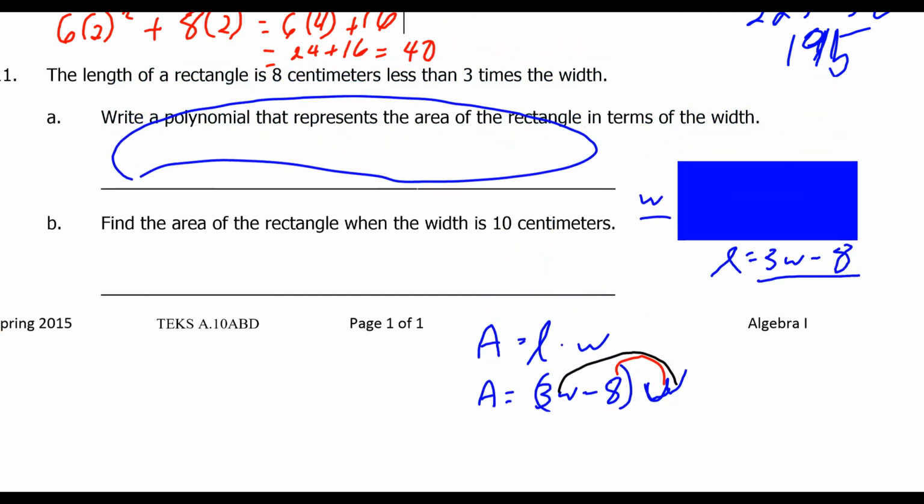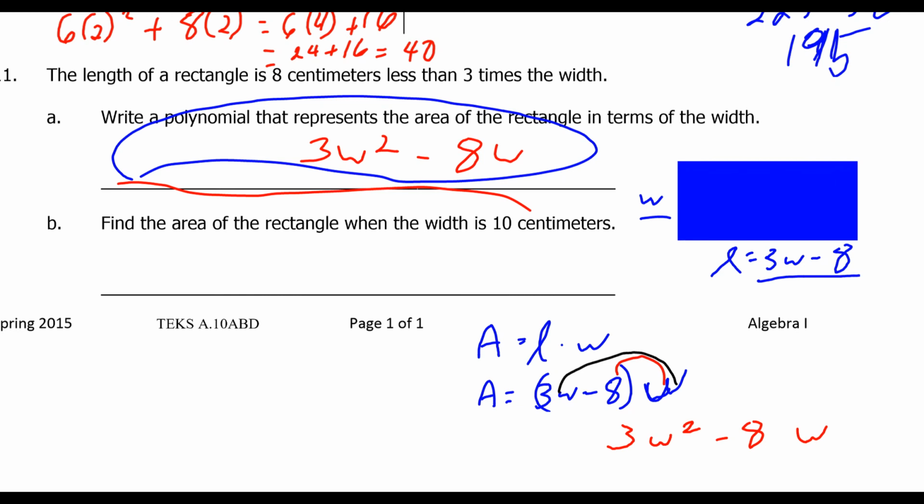When we do this, it's going to give us 3w squared minus 8w. So we can go ahead and plug that into this slot here. That's going to be 3w squared minus 8w.